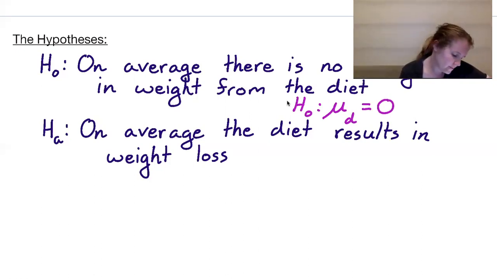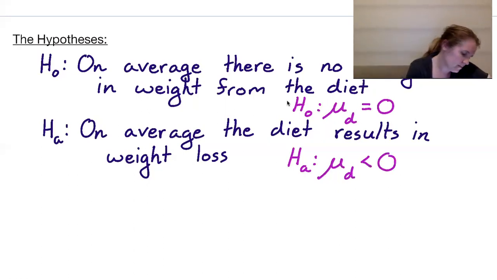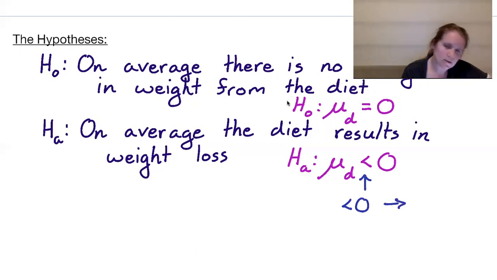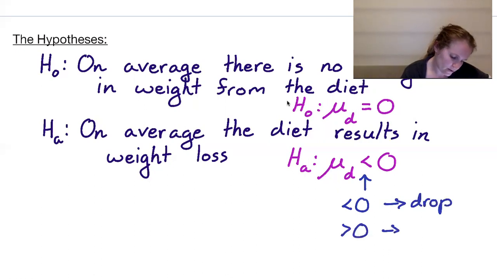Versus our alternative hypothesis would be that the average difference is less than 0. So less than 0 implies that there's a drop or a loss. If it were greater than 0, it implies that there's a gain.